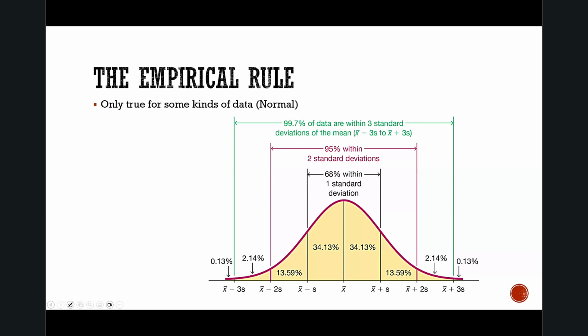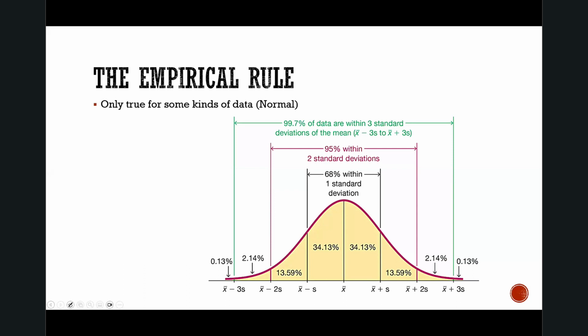So normal data is symmetric, so you would expect half the time you're below the mean, half the time you're above the mean. The empirical rule says roughly 68% of the time, and these numbers seem very strange, you're going to find out where they come from later.